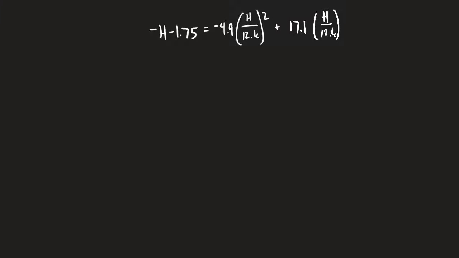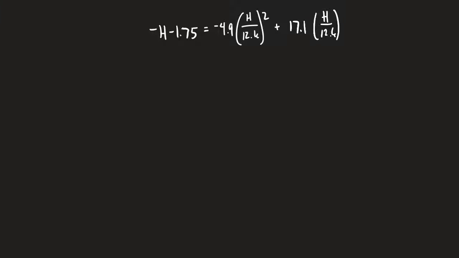I'll have negative h minus 1.75 equals negative 4.9 times h over 12.6 squared plus, I forgot 1, thank you, times h over 12.6. I see absolutely no reason not to go ahead and combine the number parts that are here.